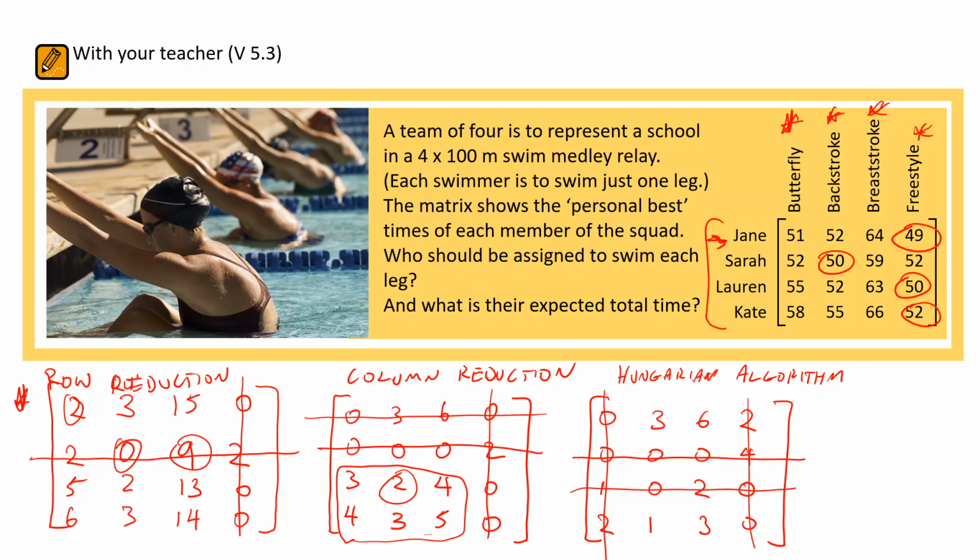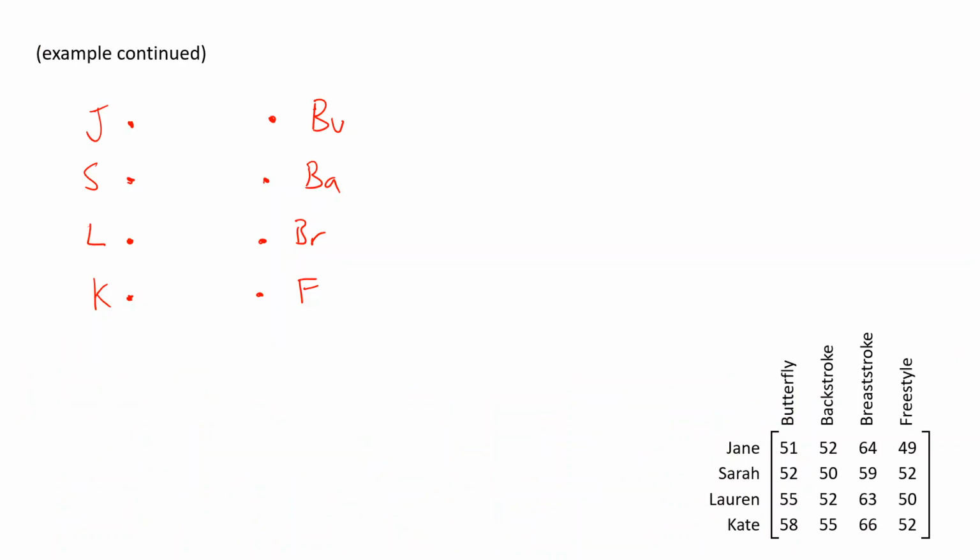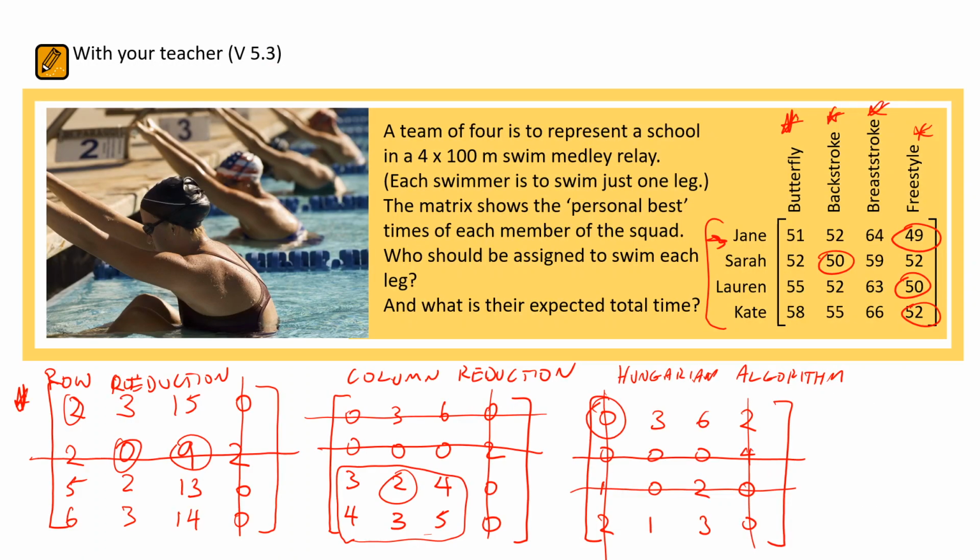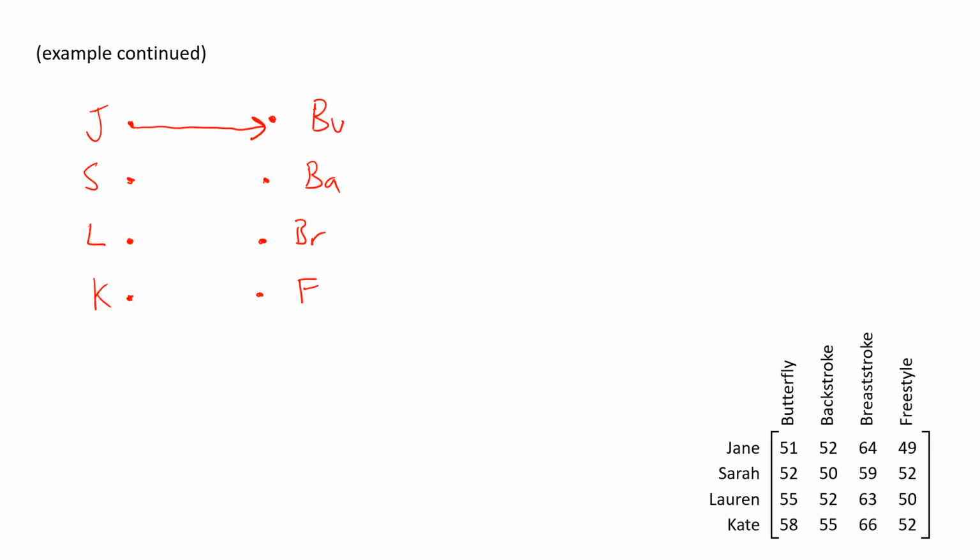So our first row is Jane, and Jane can be chosen for just the first event, which was butterfly. So Jane goes to butterfly. Now Sarah can be chosen for the first three events: butterfly, backstroke, and breaststroke.